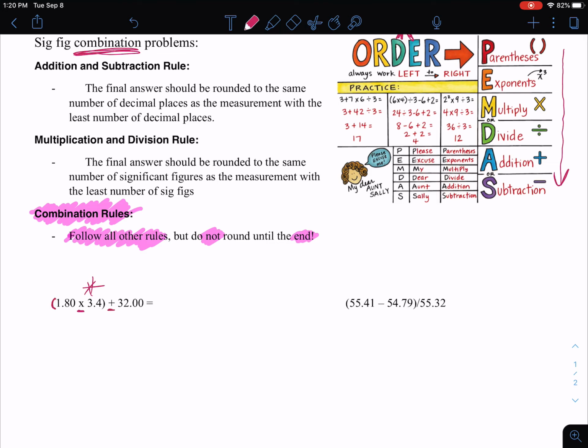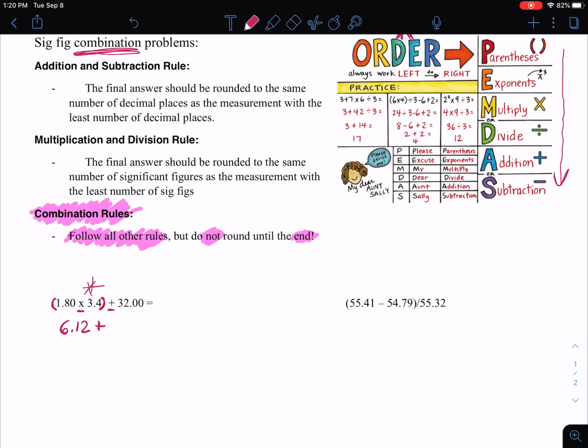We see that there are parentheses here, so whatever is in the parentheses is done first, and it's the multiplication. So what you're going to do is plug this into the calculator, 1.80 times 3.4. You get an answer of 6.12.